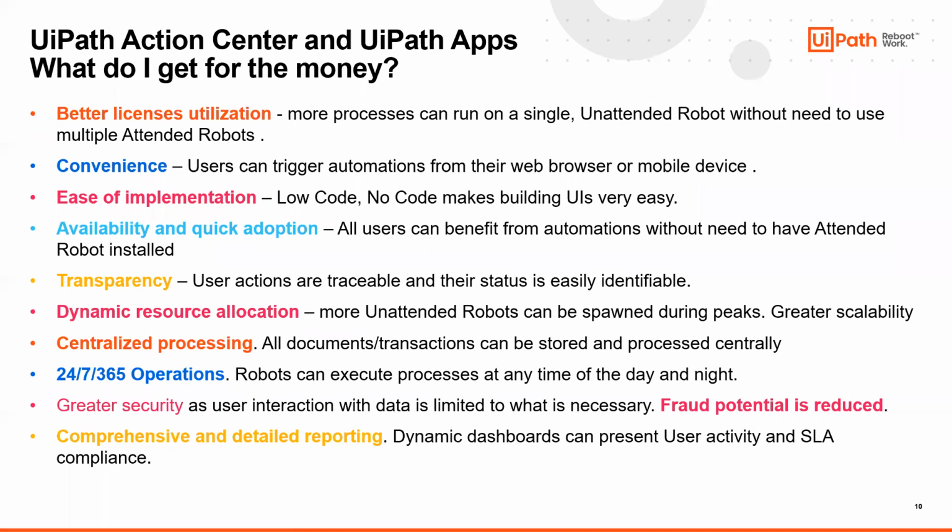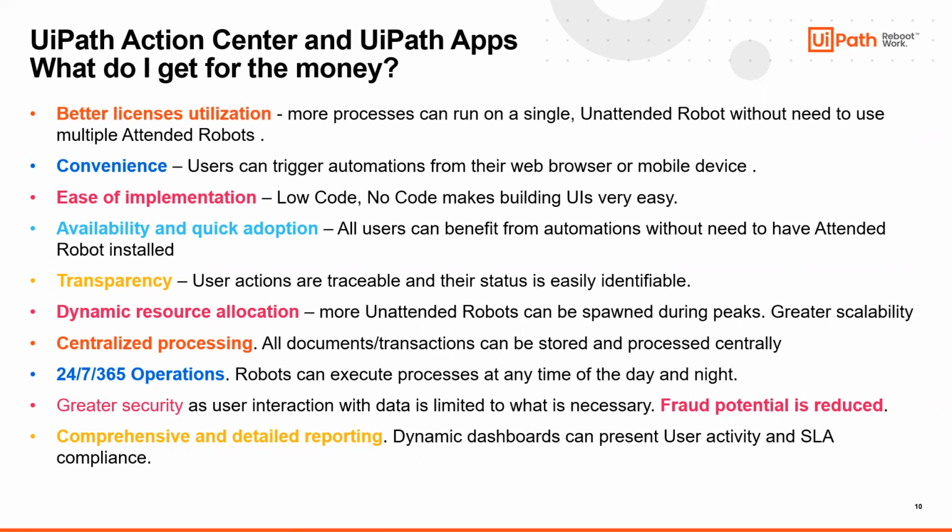Security in this approach is greater because through UiPath Apps and Action Center, we only expose the minimum amount of information that's necessary for the user to see in order to, let's say, approve or review. This significantly reduces the potential for fraud or sensitive information leaks.